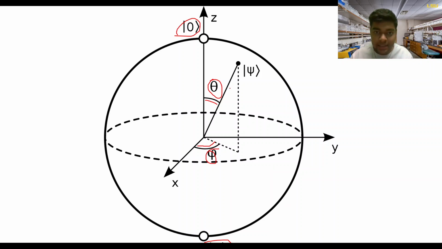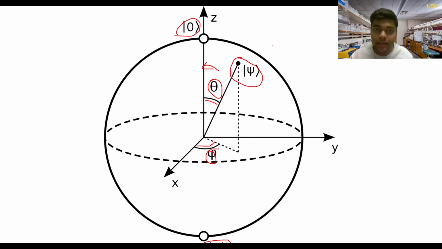This theta actually represents the probability of a vector collapsing into the basis vector. For example, this particular vector has a probability of collapsing into this state. When you apply the different gates, you are trying to change these probabilities.